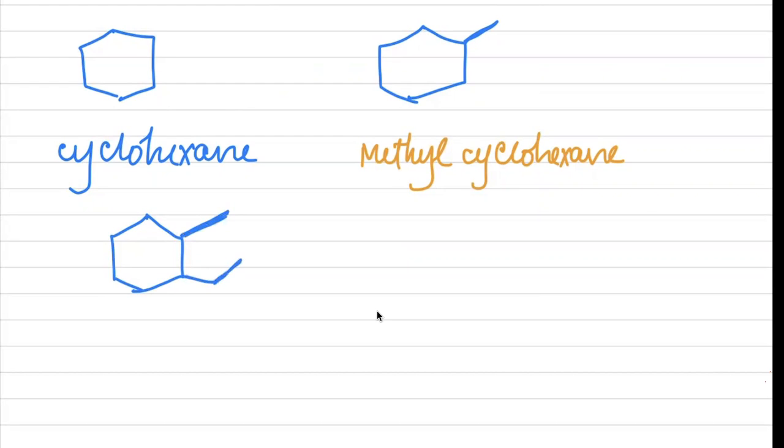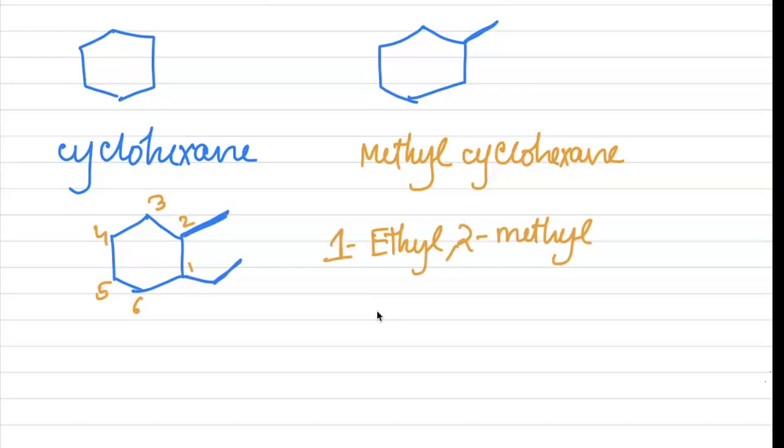E comes first, so obviously numbering will start from here. 1, 2, 3, 4, 5, 6. So its name will be 1-ethyl-2-methylcyclohexane. Clear? This portion clear?